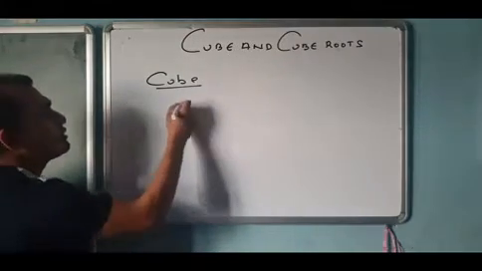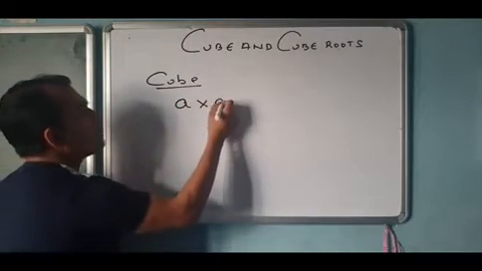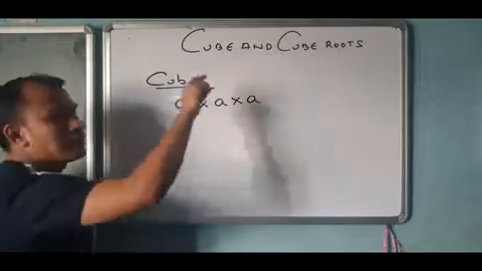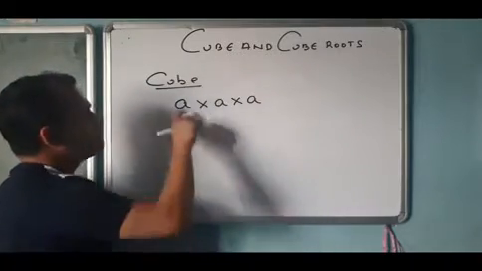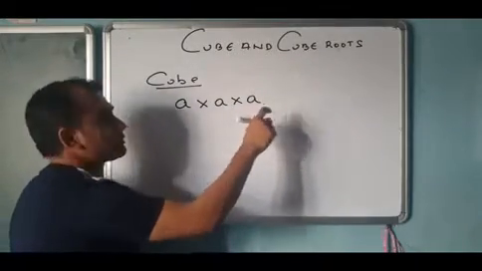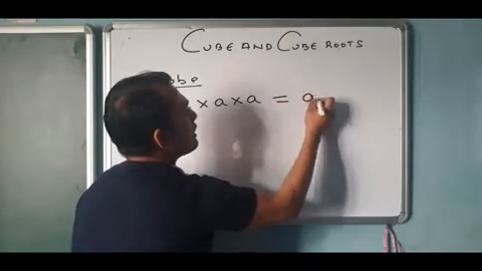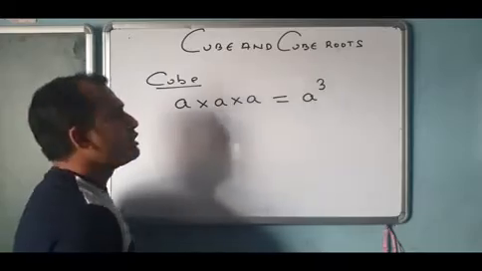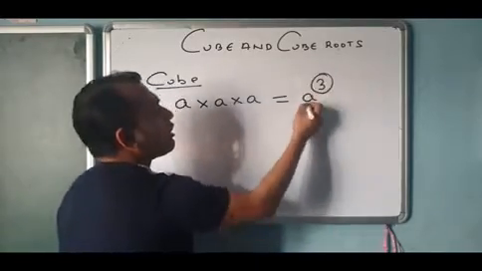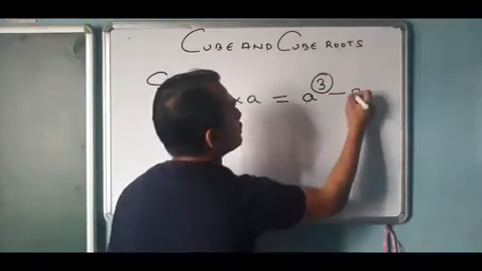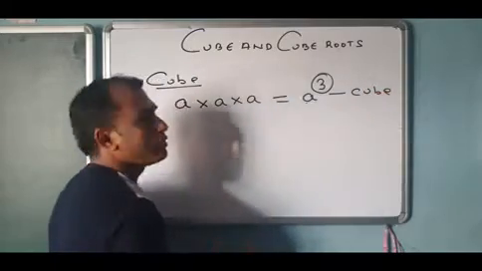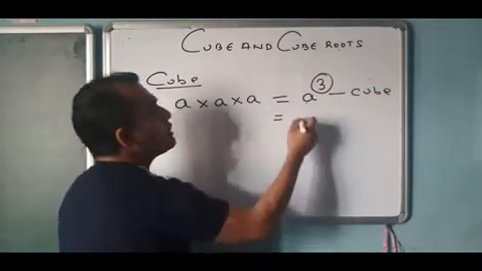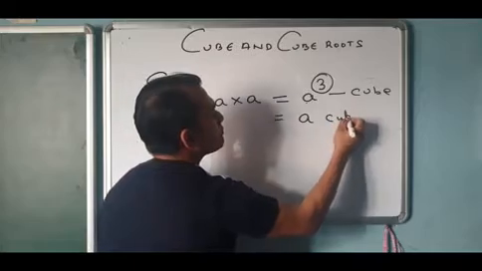So here, if I multiply a 3 times with itself, then this a is multiplied 3 times, so it can be written as a raised to the power 3. Now this power 3 of any base is considered to be a cube.